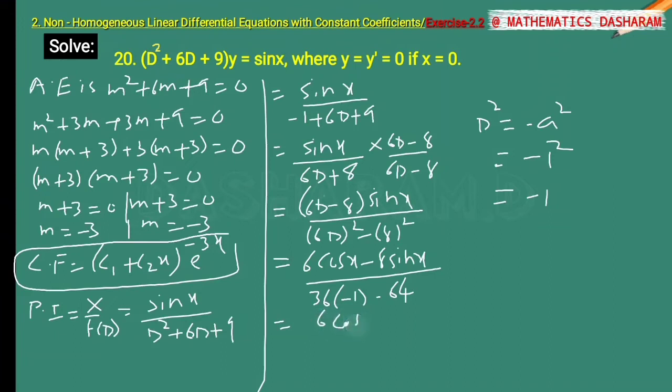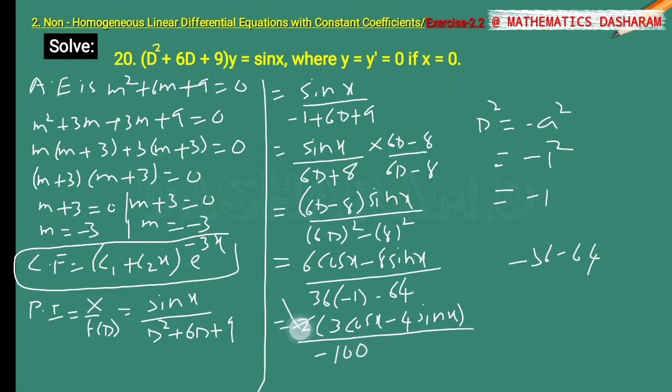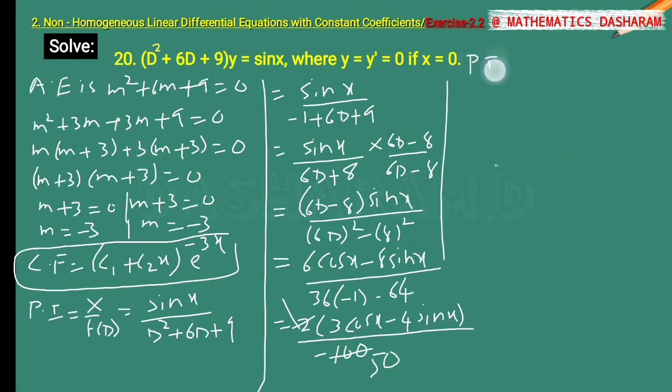So 6 cos x minus 8 sin x; here we can take the 2 common in the numerator: 2 into 3 cos x minus 4 sin x by 36 into minus 1 minus 64, which is minus 100. 2 ones are 2, 50 is a, so then the particular integral equals minus 1 by 50 bracket of 3 cos x minus 4 sin x.